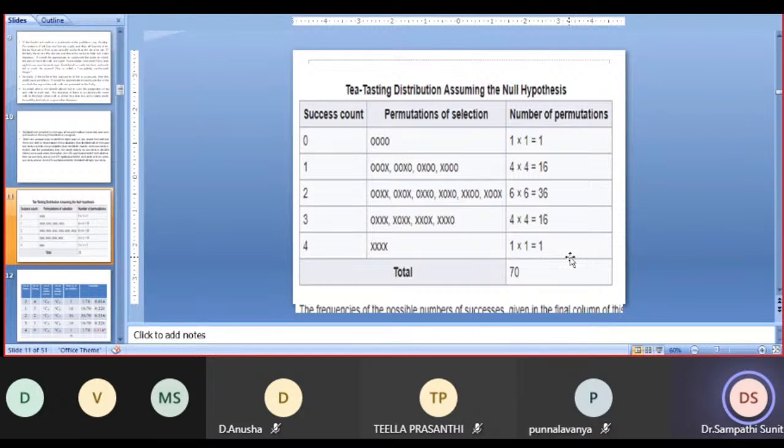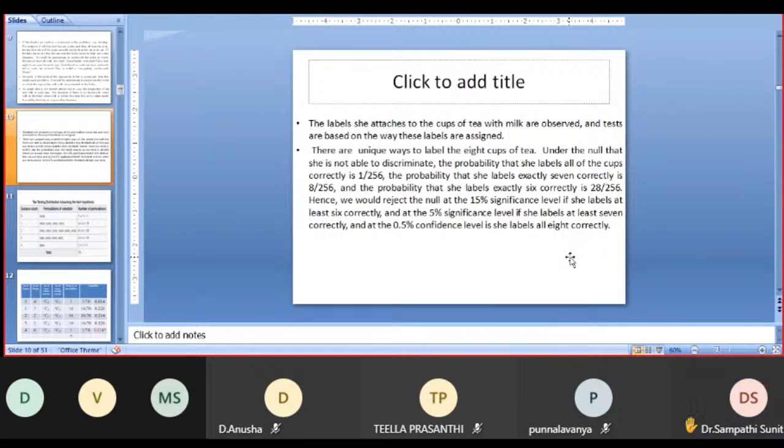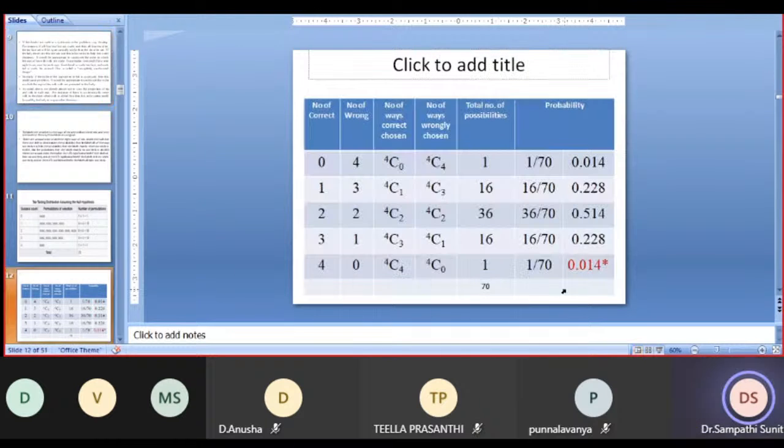Suppose in some cases, if you want to reduce this value, then you repeat the experiment. Instead of 8 cups, take 10 cups. Then this value will be less than 1%. You will get 0.004 or 0.001, like that.